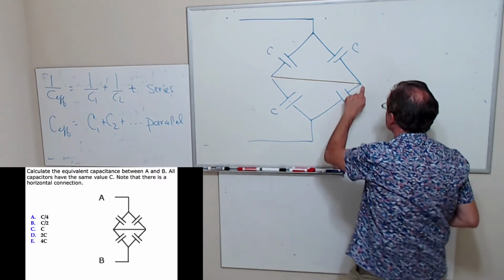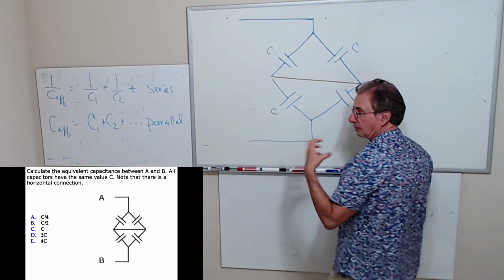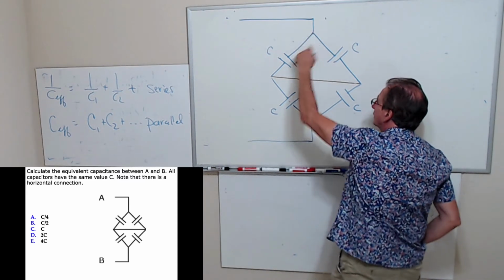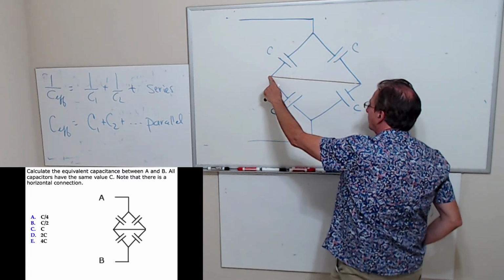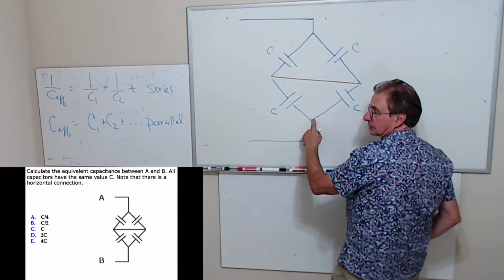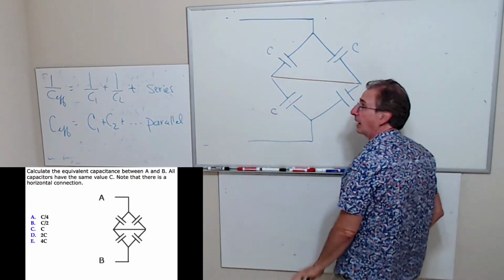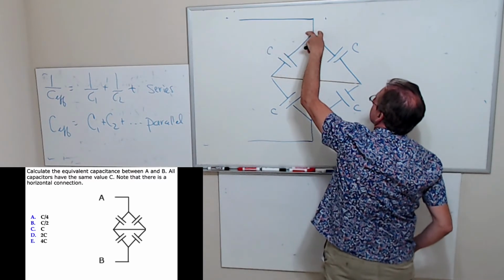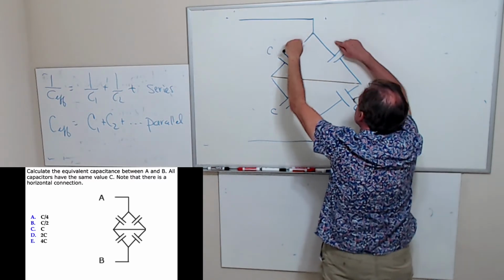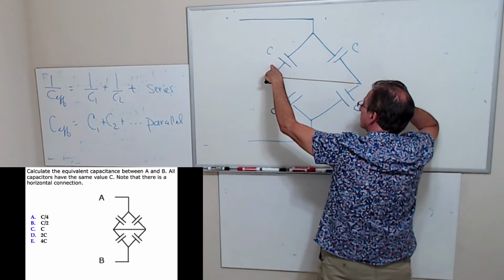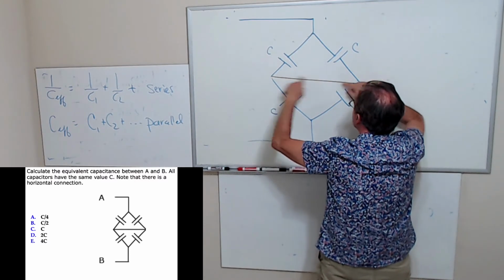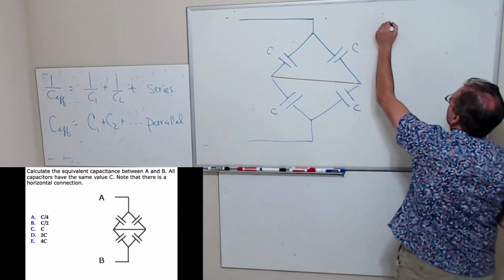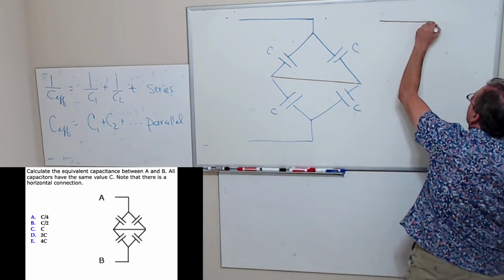So this point and this point are going to be the same V. If you had it hooked up to a battery and were charging this, you'd have charge splitting in these two directions. And these two are connected together at the same voltage. So really I can redraw that in the following manner.